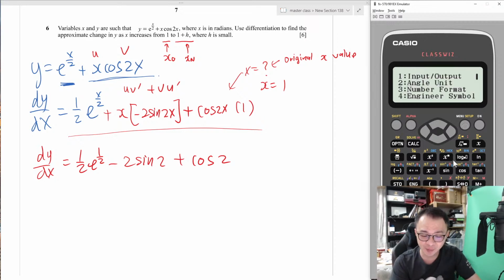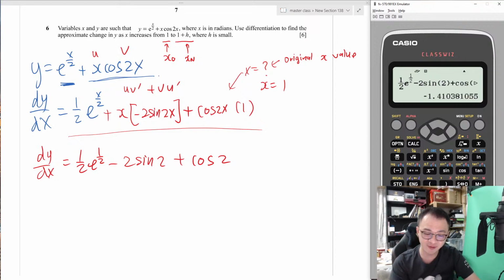I do shift menu, go to angle unit number 2, and then radian number 2. Now the top becomes RAD, I can type everything I want. 1 over 2, and then where's my E? 1 over 2, and then minus 2 sine 2 plus cos 2.